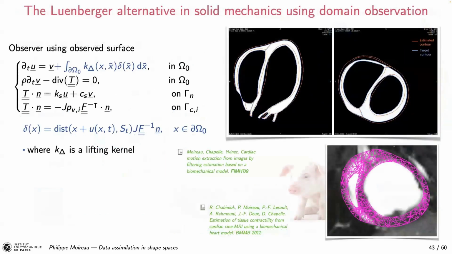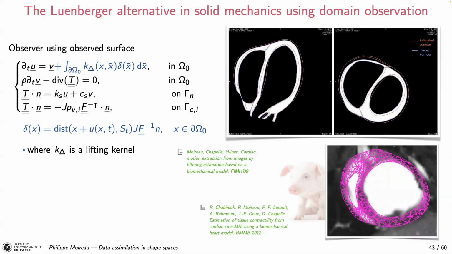The same for the mechanics, where typically, again, we put some kind of correction where we use the observed surface. And here it's pretty difficult because here you typically have a kernel which corresponds to a gradient descent with respect to a particular subsurface. Here, what I want to show you is the example is that typically the model will converge to the segmentation.